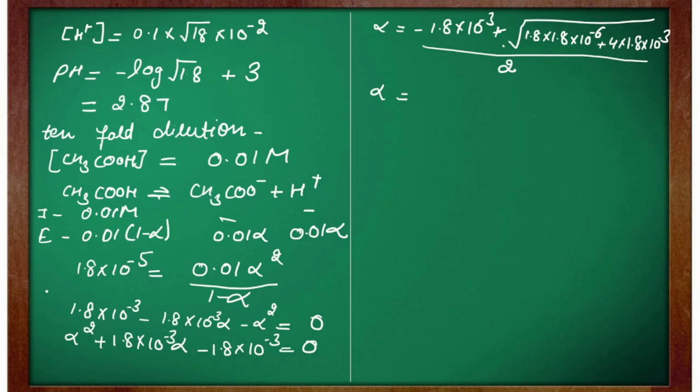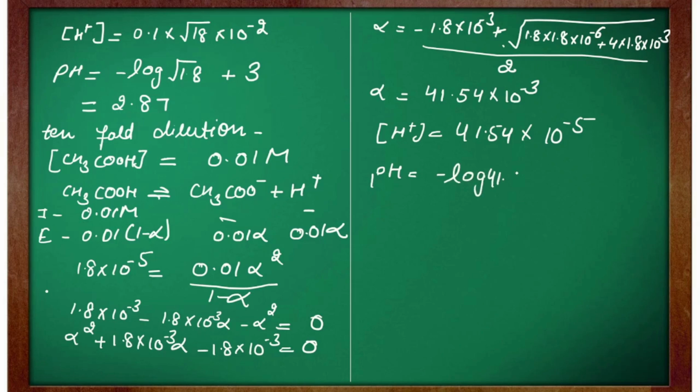Hydrogen ion concentration is equal to 41.54 multiplied by 10 raised to power minus 5. Now pH value is equal to 3.37. Change in pH value after 10-fold dilution is 2.87 to 3.37.